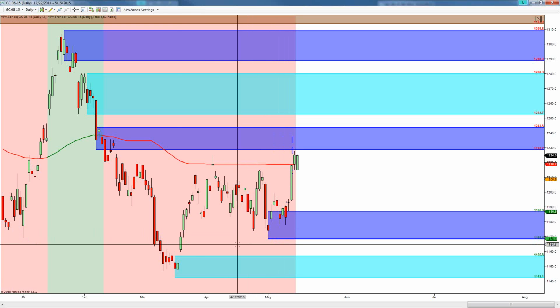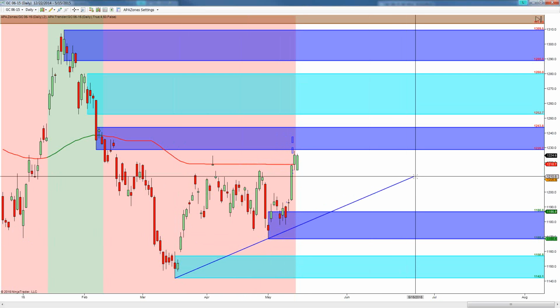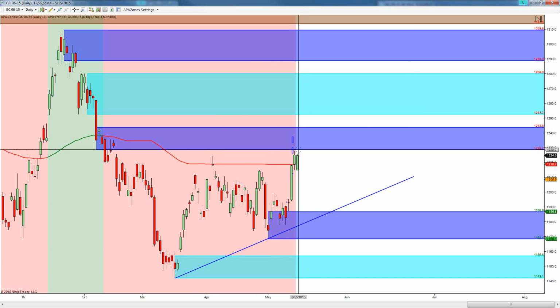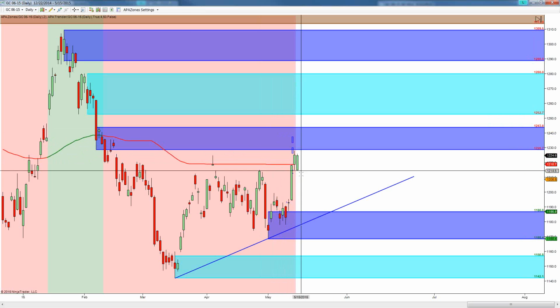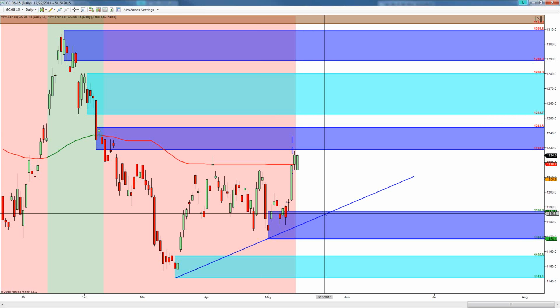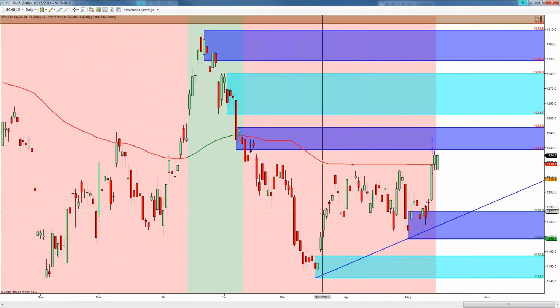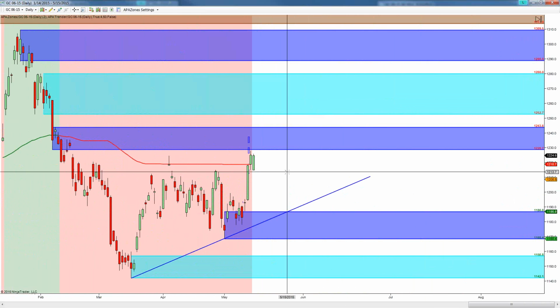On here, I can see this nice little trend line come into place too. Now that we have a new high, we could bounce off of this daily level, but maybe play another trend line bounce down here. I could see that.